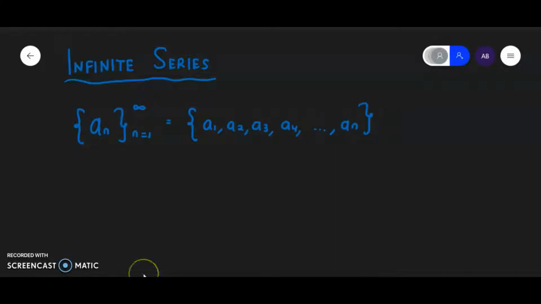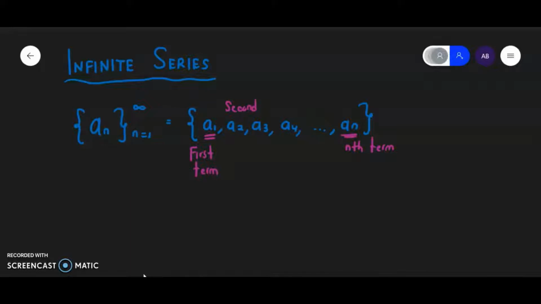So we already know that this is the first term, and then this is my second term, third term, fourth term, and this is my nth term. But we have to make sure that this goes until infinity, so we don't know the value of this n, the infinity term here.